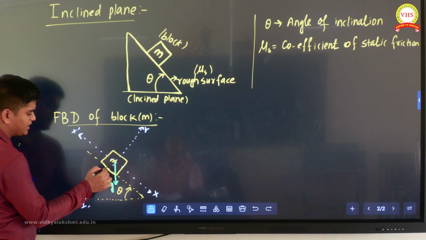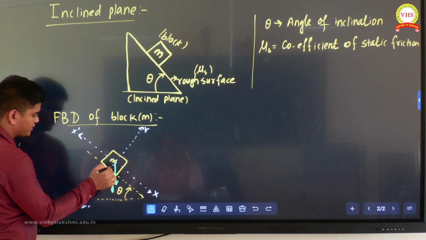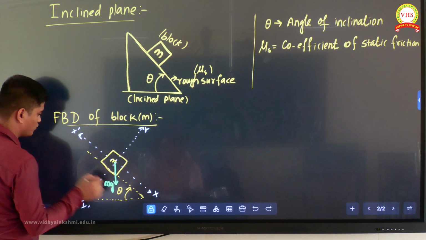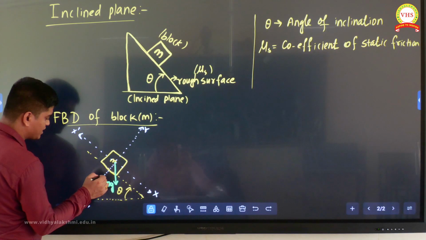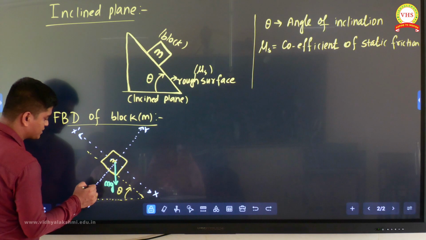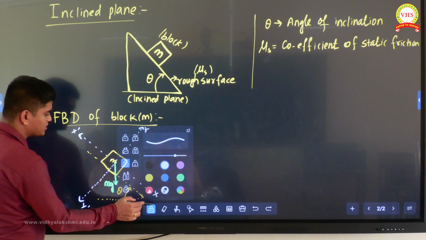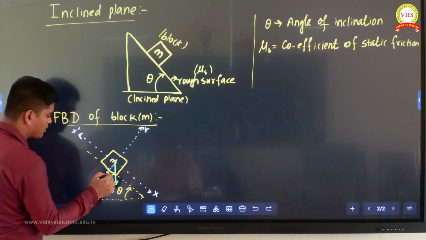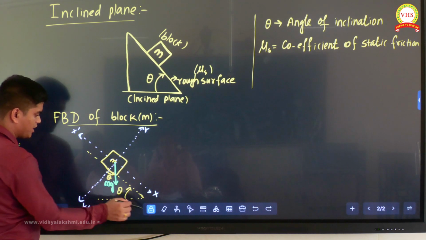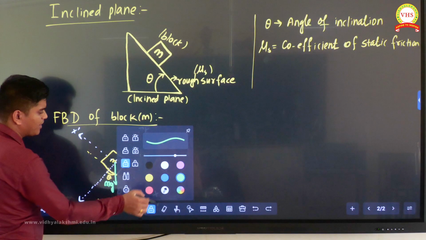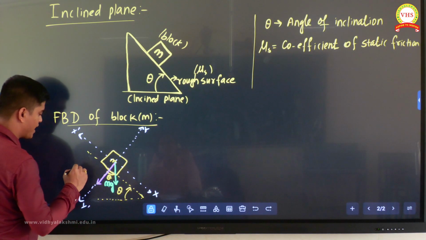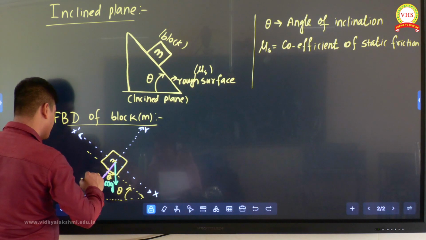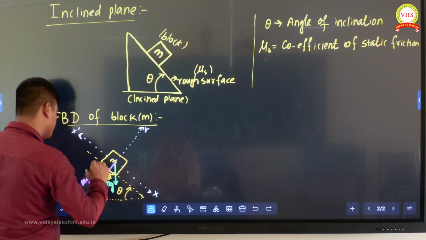If this angle is theta, then the angle with the white dotted vertical y axis will also become theta, so the weight has two components. In this direction you will have mg cos theta.